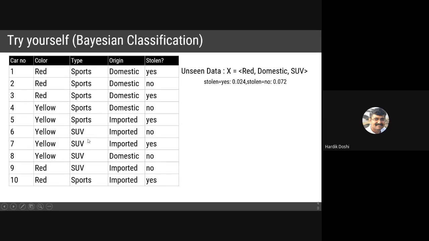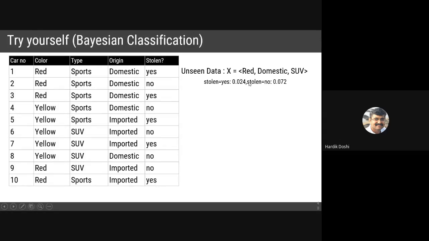So SUVs are not getting stolen. Yellow SUVs are not stolen, but yellow sports are getting stolen. Same for red also. There are two more records, so you need to check them out.